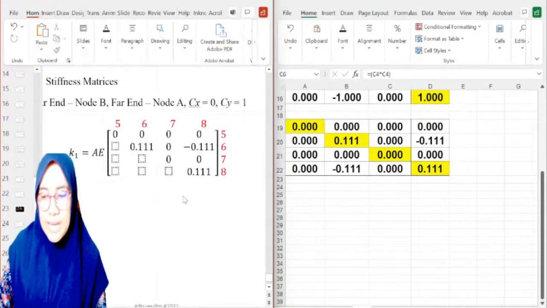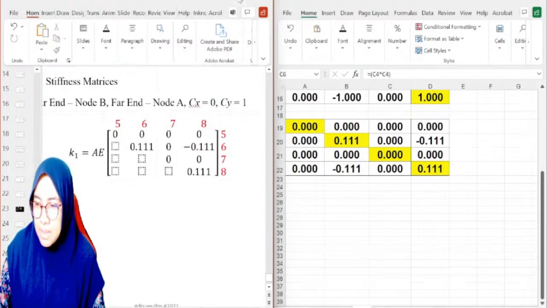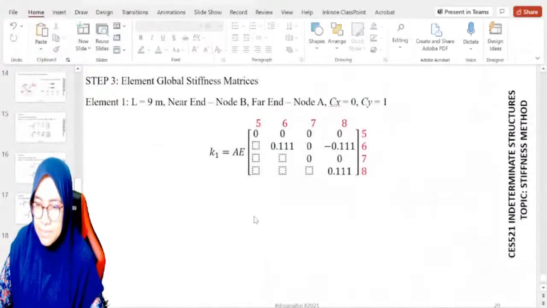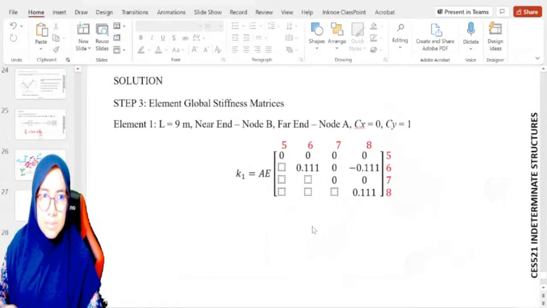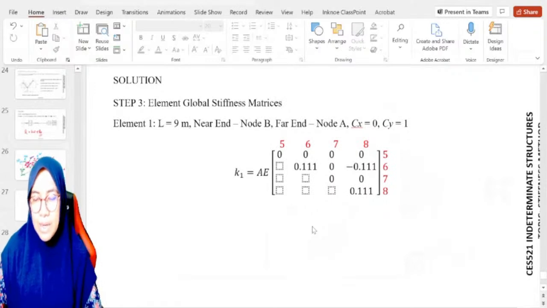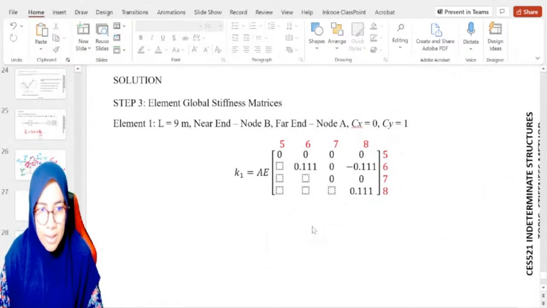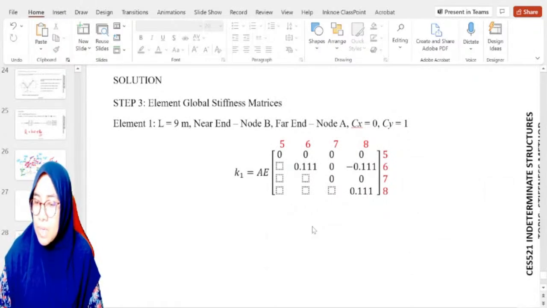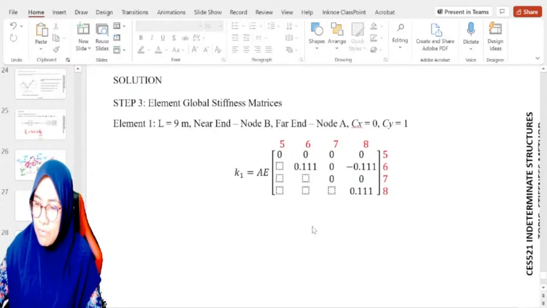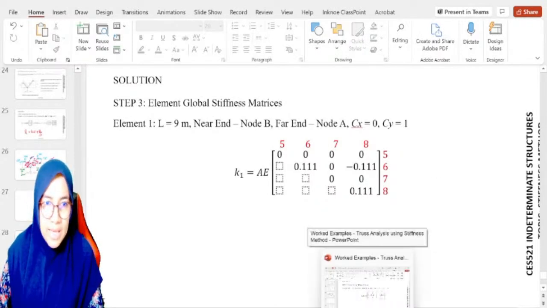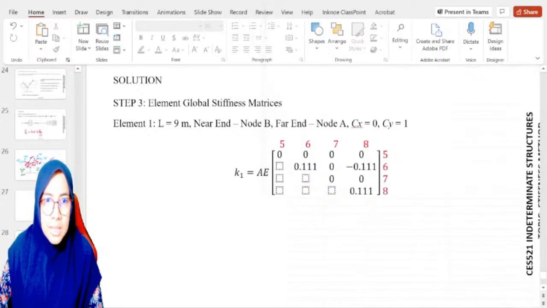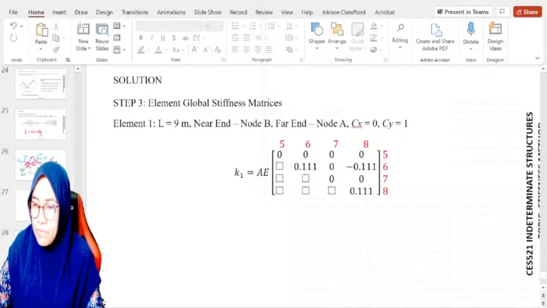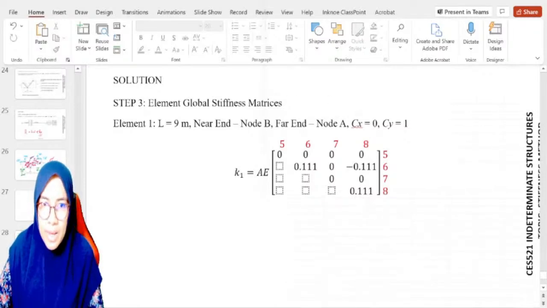Okay, like this. This is element number 1, this is K1, in terms of AE for a 9-meter length, Cx 0, Cy 1.